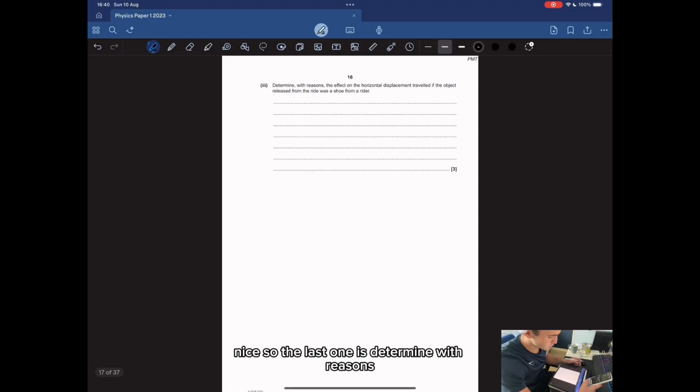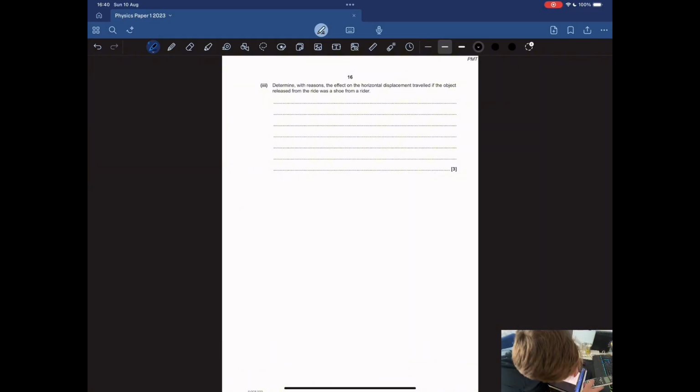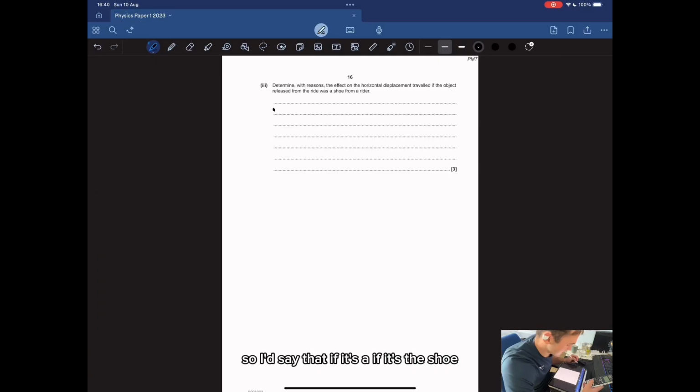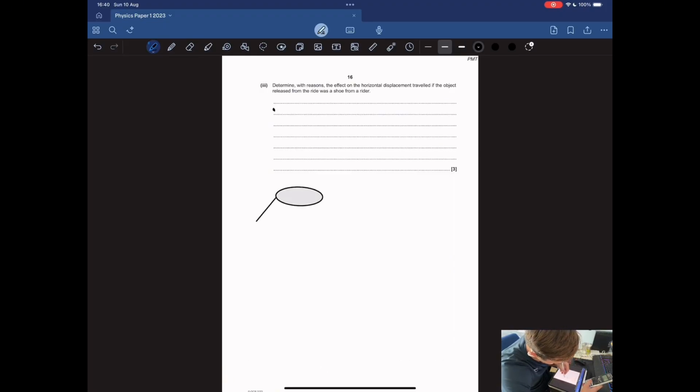Nice. So the last one is: determine with reasons the effect on the horizontal displacement travelled if the object released from the rider was a shoe from a rider. So I'd say that if it's the shoe, we've got the swing, the seat with the guy, and his shoes, right?